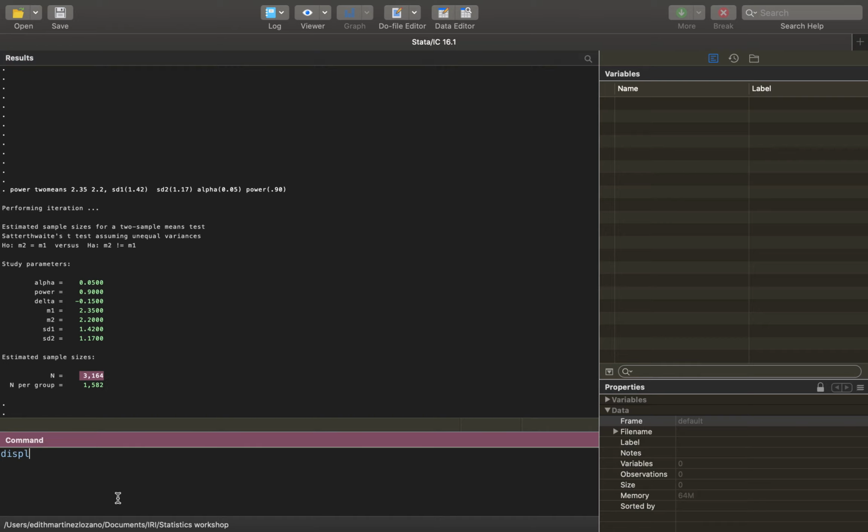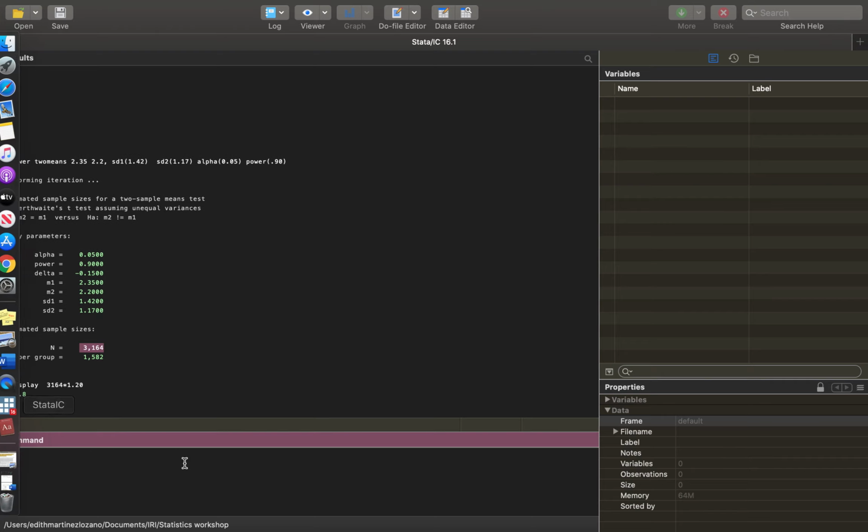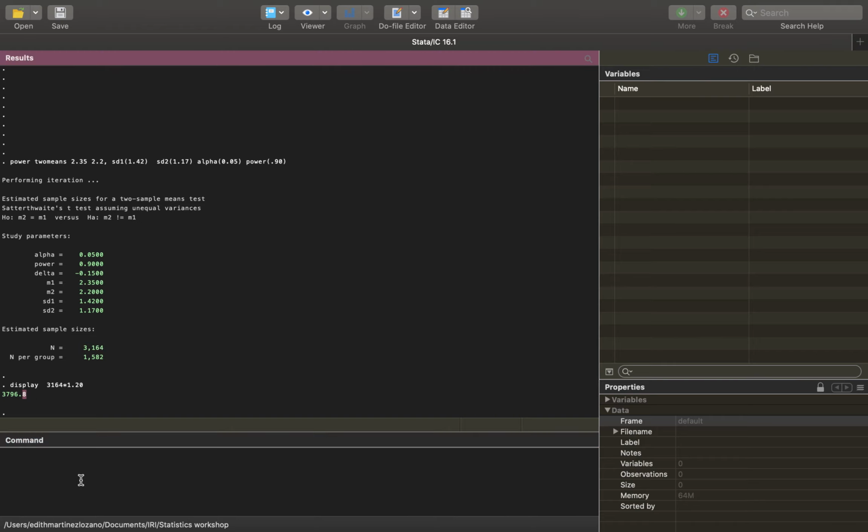So we can do this in STATA. We put display, the number, just take the comma away, the number multiplied by 1.20. Why times 1.20? Well, this is 100% and adding an extra 20% of the dropouts. So we get 3,796.8 patients. We cannot have 0.8 patients, so we will round it up.